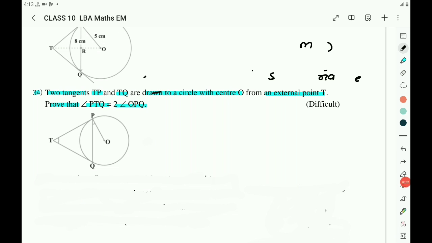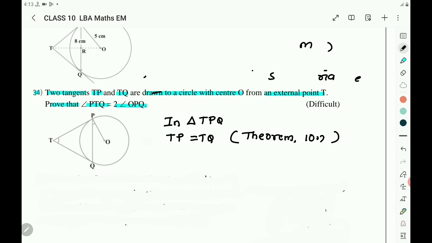Write in triangle TPQ, TP equals TQ. According to theorem 10.2, tangents from the external point are equal. Therefore, you can write angle TPQ equals angle TQP. Both are equal to 180 minus angle T by 2.